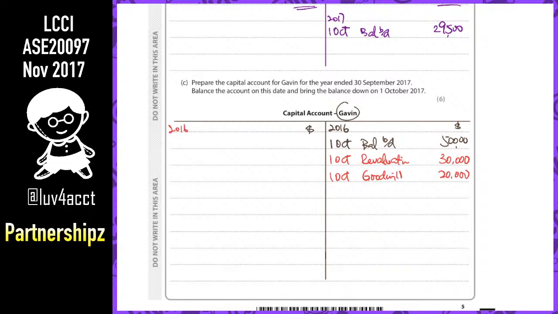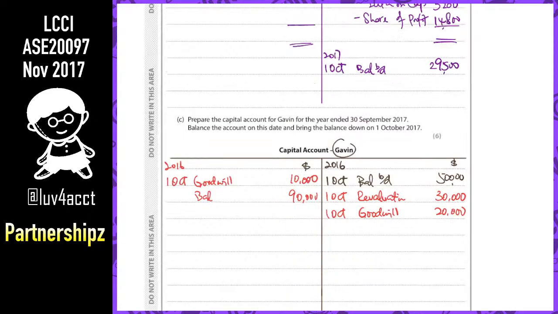Then on 1st of October, goodwill again. For the goodwill written off, we have 10,000 shared equally. Then 90,000 as the closing balance, just like what we have calculated. Carry down, year 2017, 30th of September, and of course the closing balance 90,000. Done.